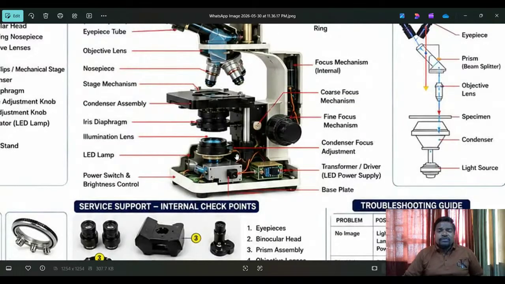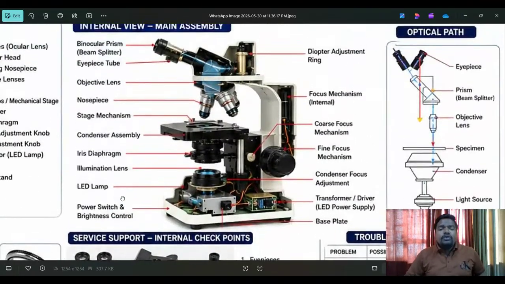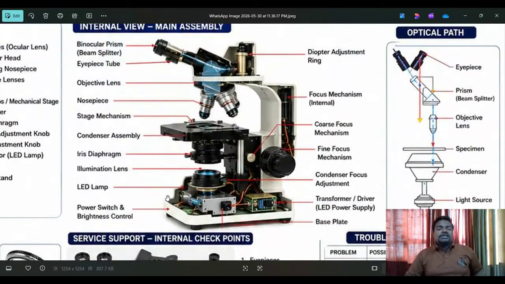When you find a problem, depending on the problem you have to open the equipment. Otherwise there is no need to open it or waste time. If you want to learn new things practically, ask the department HOD, doctor and technician for permission, then only touch the equipment.